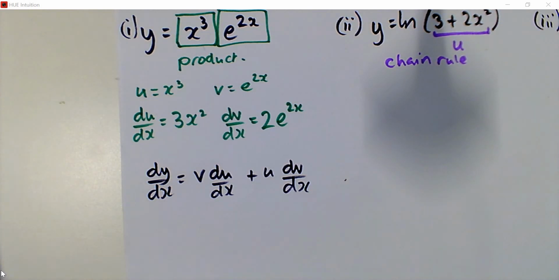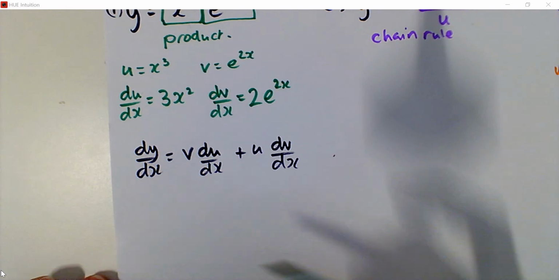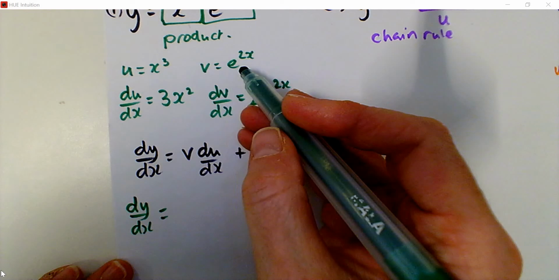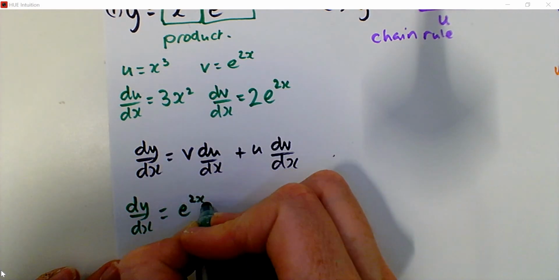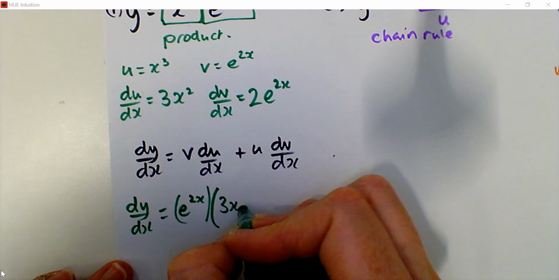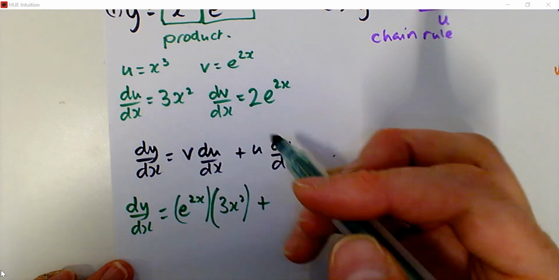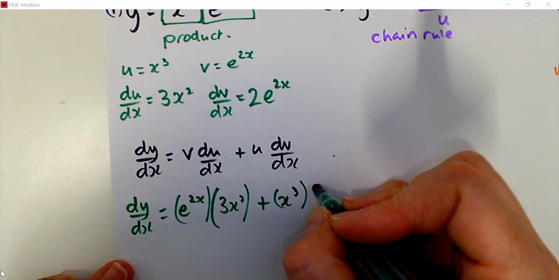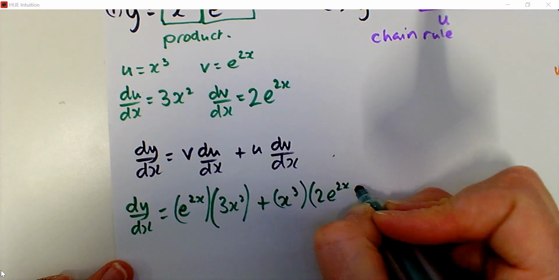So let's pop everything in the right place. dy by dx is equal to, so v is e to the 2x, and du by dx is 3x squared, plus u is x cubed and dv by dx is 2e to the 2x.